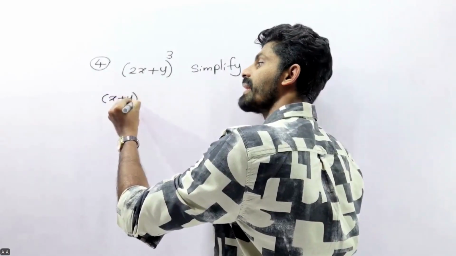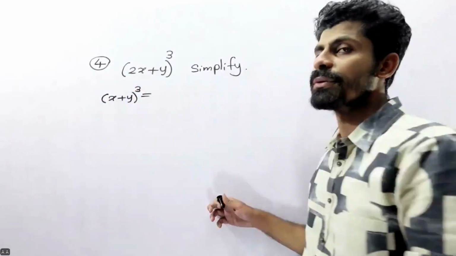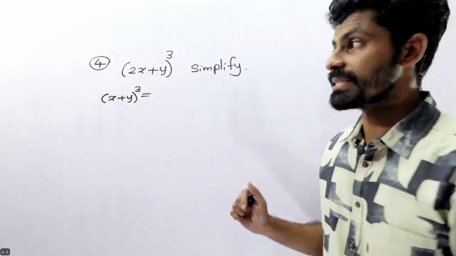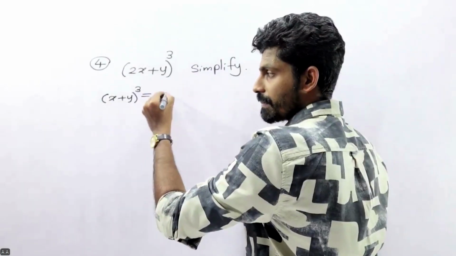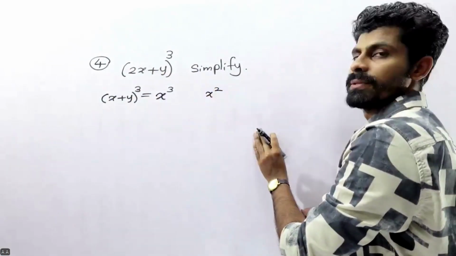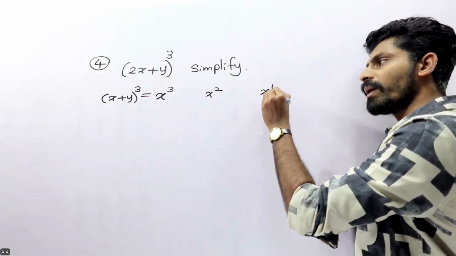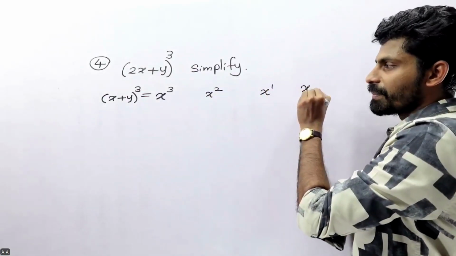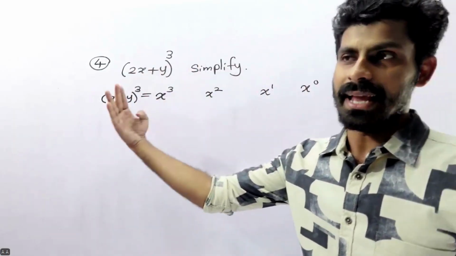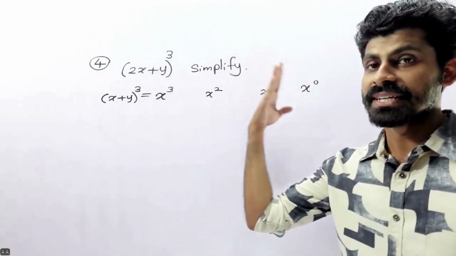X plus y to the power 3. I'll write down that one. Have you remembered the binomial expression lesson? X to the power 3, x to the power 2, x to the power 1, x to the power 0. Very easy. X powers are decreasing.